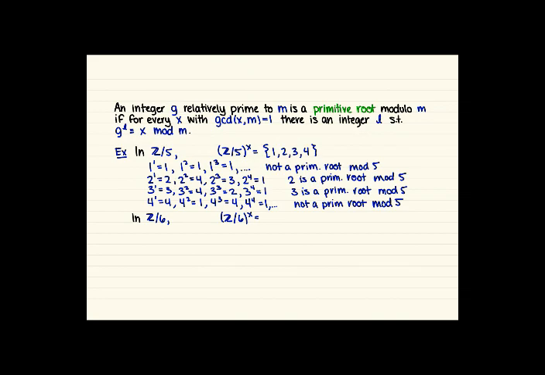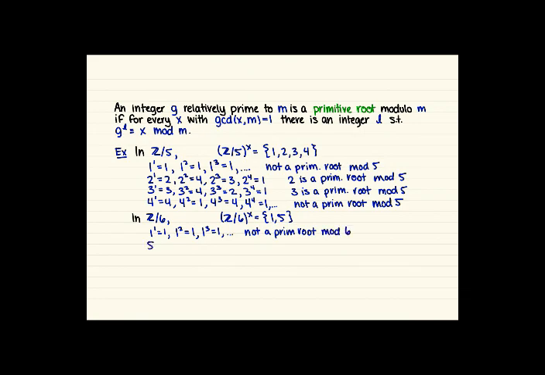So now looking at another example here in Z mod 6, our group of units is just 1 and 5 since those are the only things relatively prime to 6. So checking for a primitive root, if we do 1 to the 1, we get 1. 1 squared equals 1. 1 cubed equals 1. We're always getting 1s there, so 1 is not a primitive root mod 6.